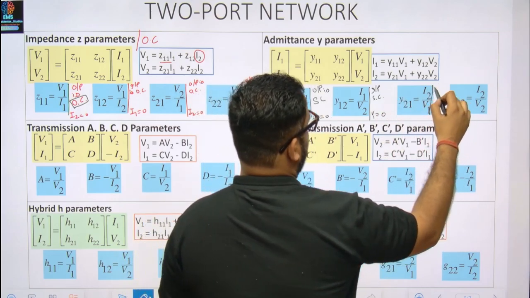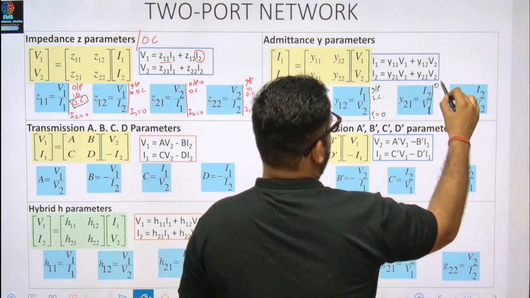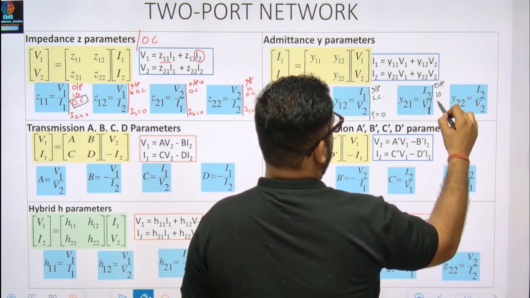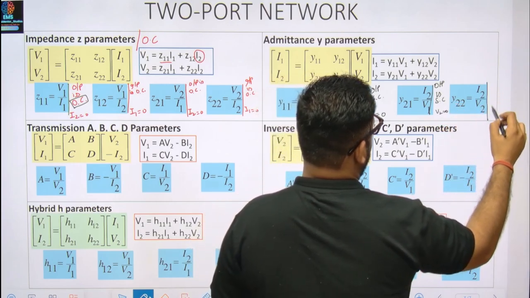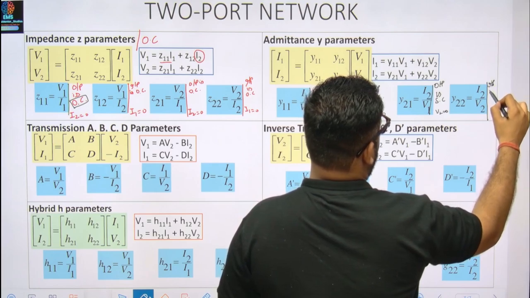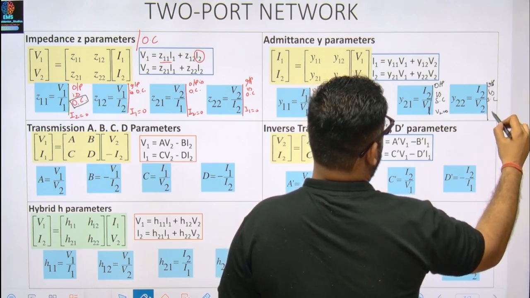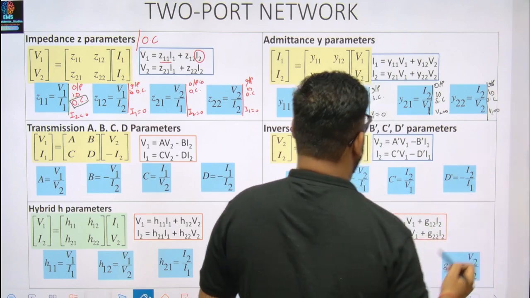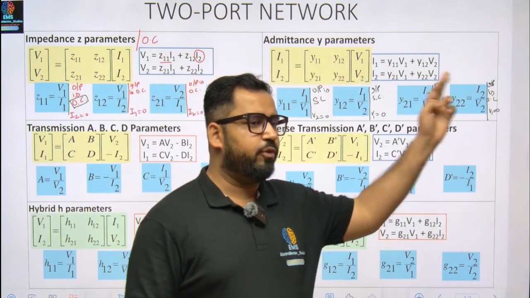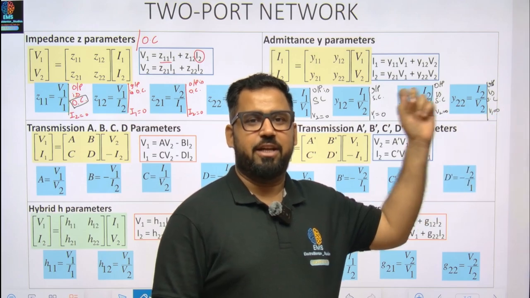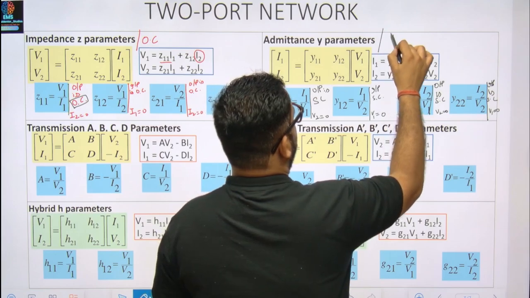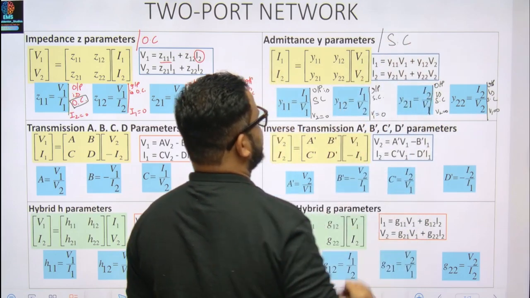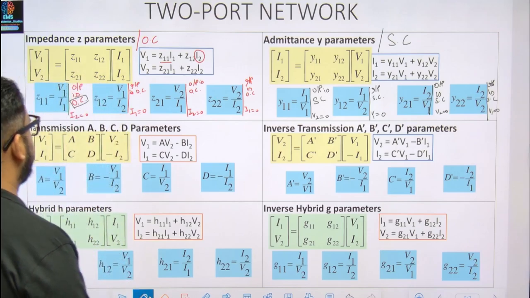V1 is here, V2 to be 0, then output is short circuited, that is V2 is equal to 0. Here input is short circuited, V1 is equal to 0. So all the 4 parameters we are getting after short circuiting the input or output terminals. Hence this is also known as short circuit parameter.